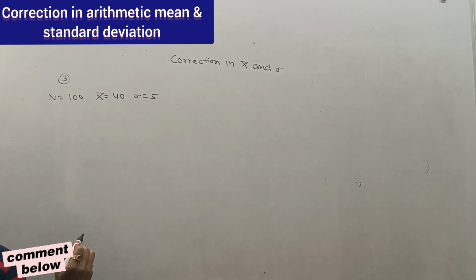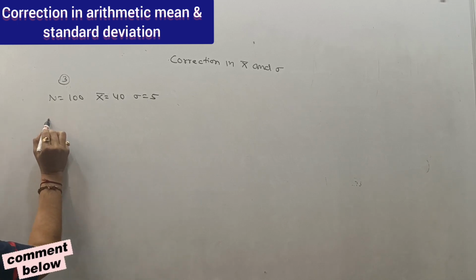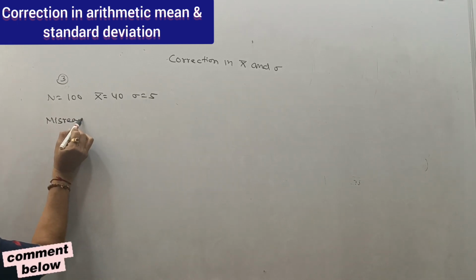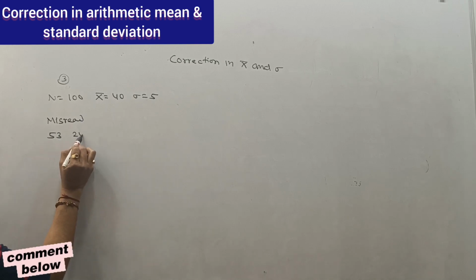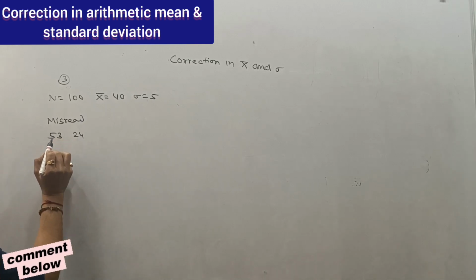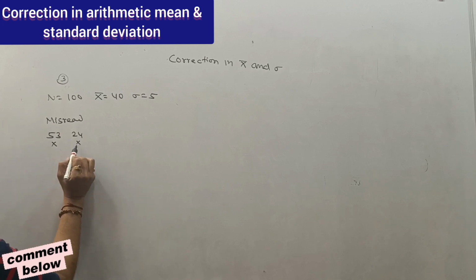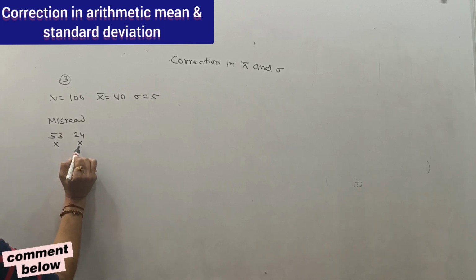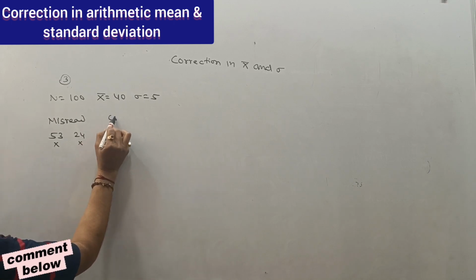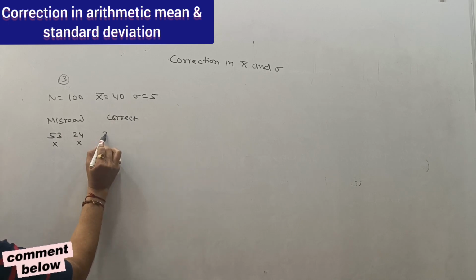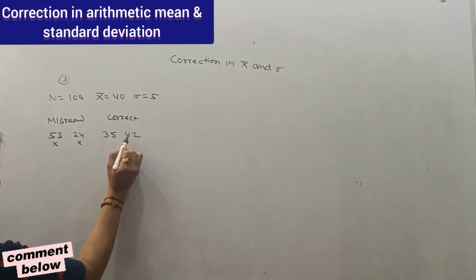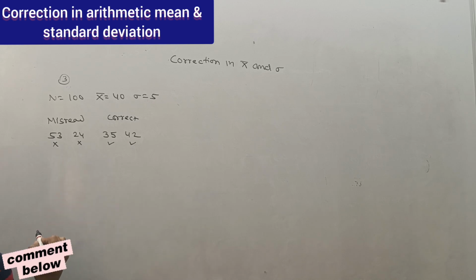Later it was found that two values were misread, 53 and 24. Both were wrong values. The correct values were 35 and 42. Then find the correct mean and correct standard deviation.